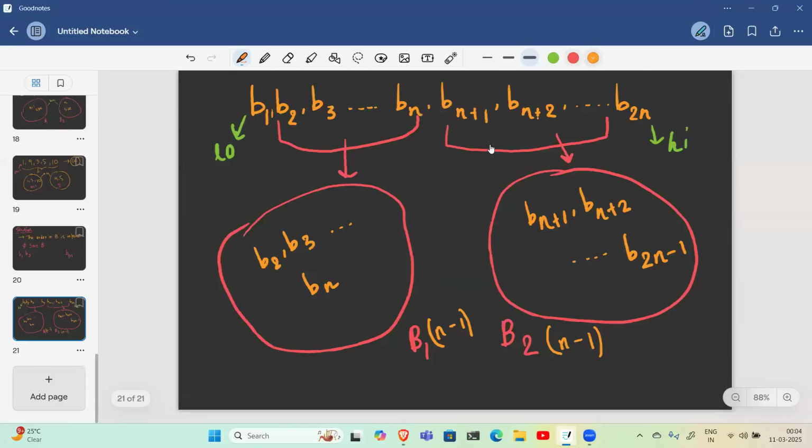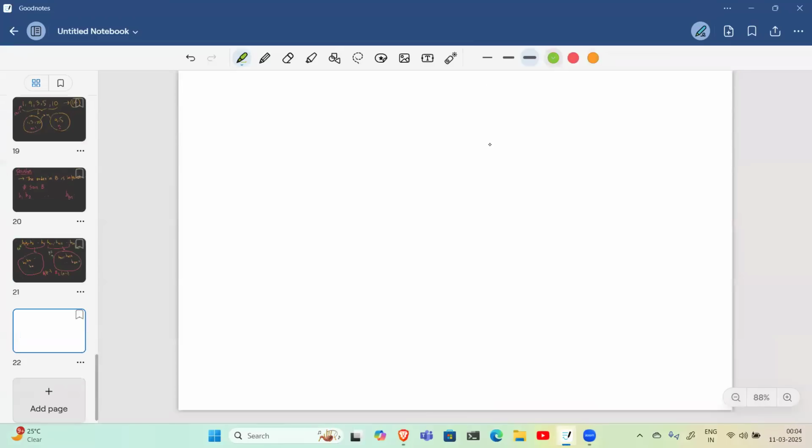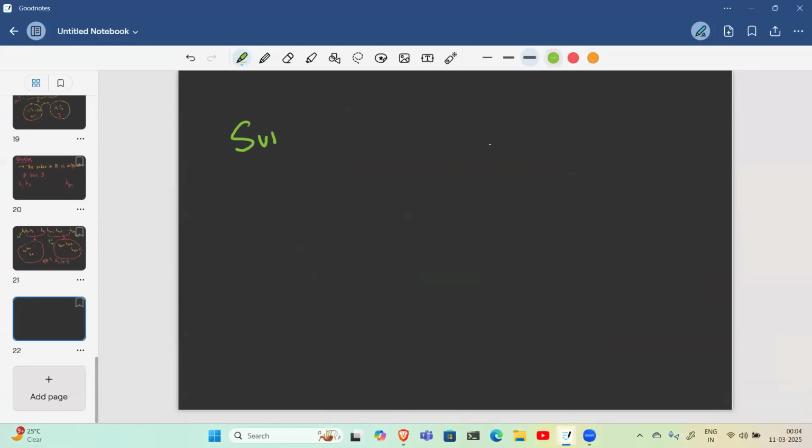Suppose the weight of this bag is greater than s. Up to this moment, the weight of this bag is greater by s, so the sum of b2 is the sum of b1 plus s.